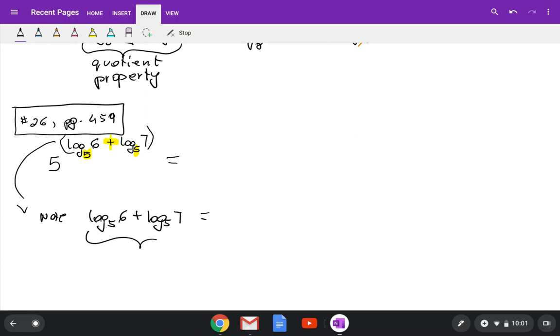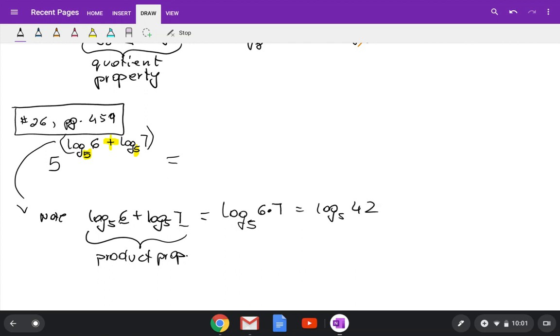You're allowed to use the product property here. Rewrite this as a single log base 5, and you multiply the inputs, 6 times 7, so we have log base 5 of 42.